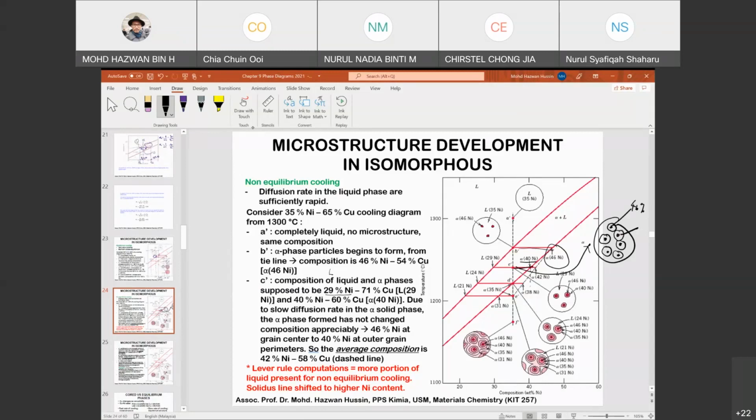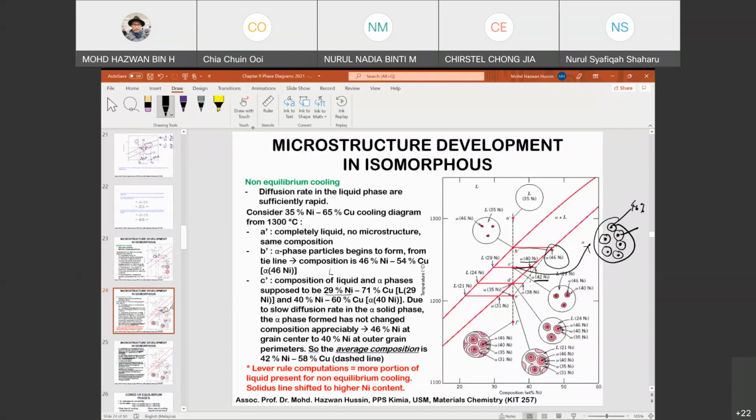40. But because, as I said, the diffusion process is quite tricky, the actual or the average composition is basically 42 or maybe 43. So how is it possible to form 42 or 43?